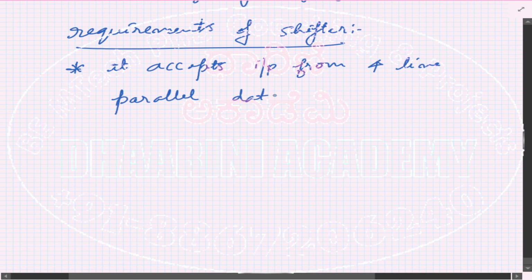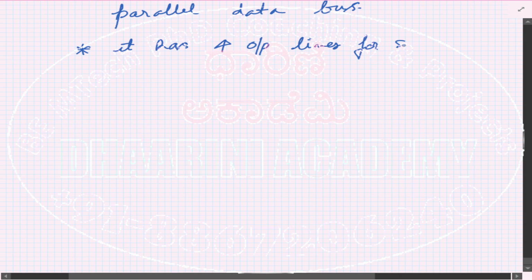Okay. Then the second requirement is, how many output lines do you expect? So it has 4 output lines for the shifted data.